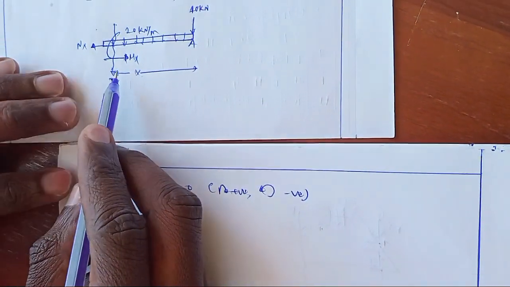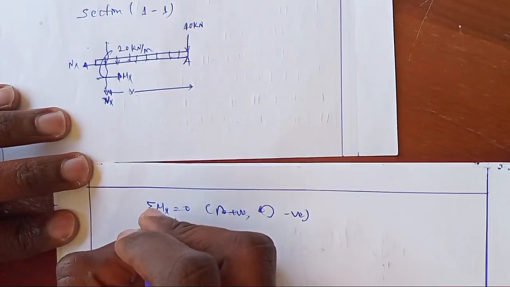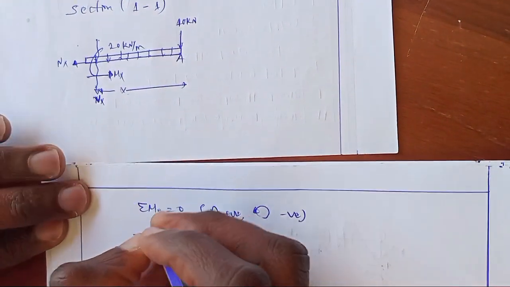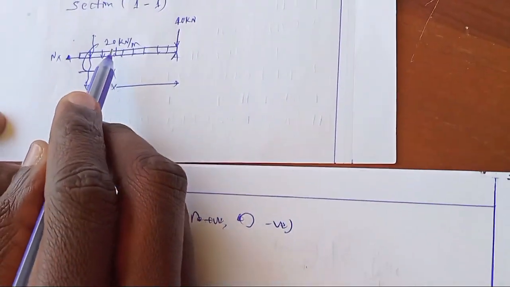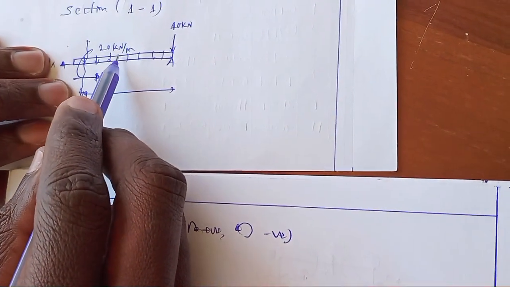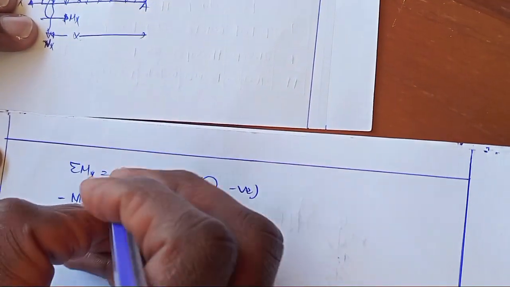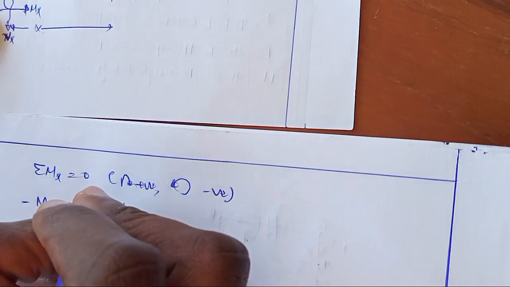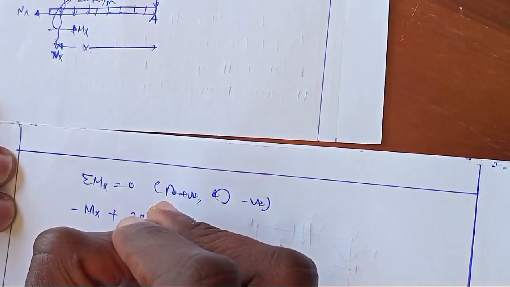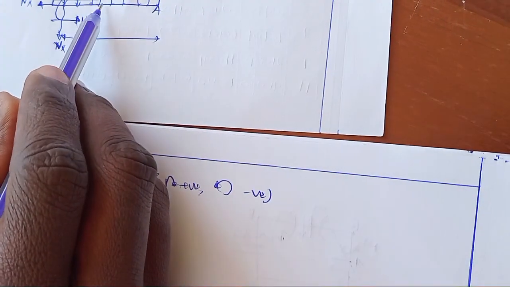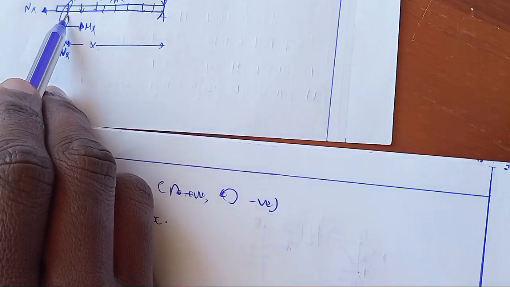In this problem, this is anti-clockwise direction, so it will be negative: minus Mx plus 20, which will be clockwise direction, times its distance x times the perpendicular distance from the point load up to this point.